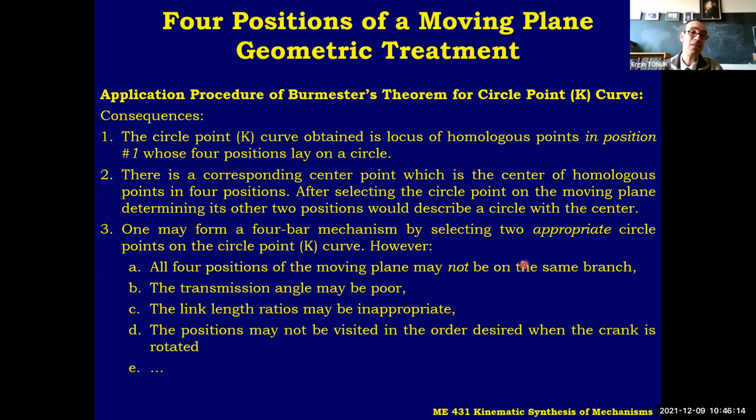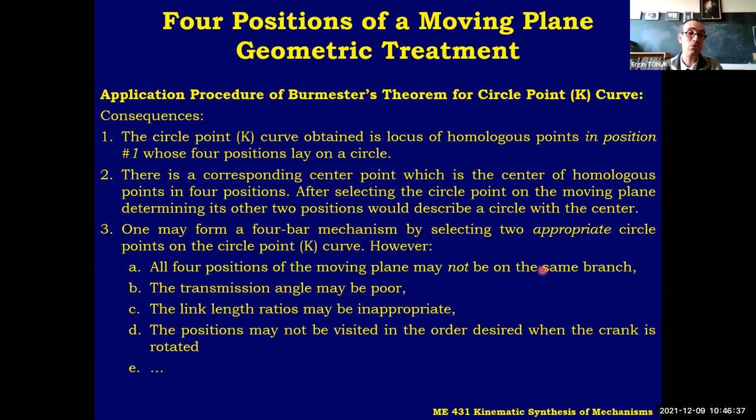So this is less dangerous in 2 position synthesis, a little more in 3, but even more in 4, okay? You may have 3 positions in one branch and 1 in the other, or it might be 2 in one branch and 2 in the other as well. So this is the major trouble.